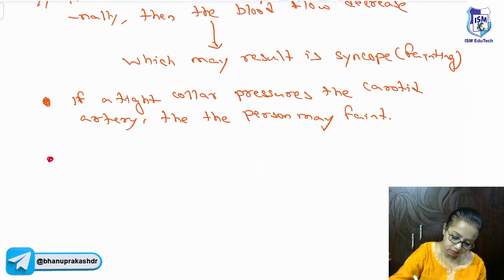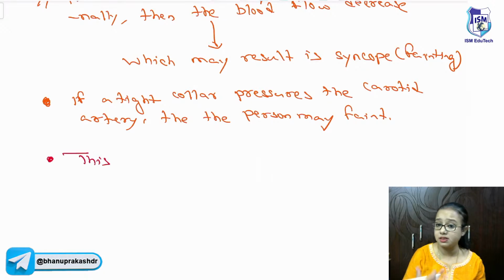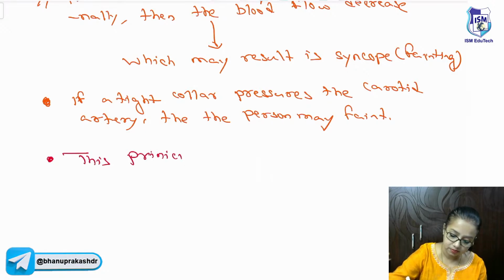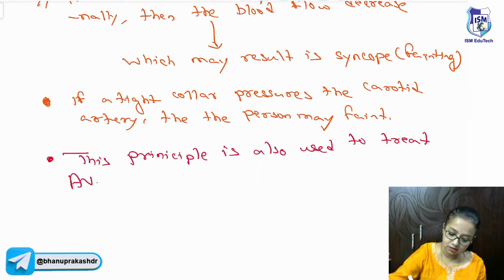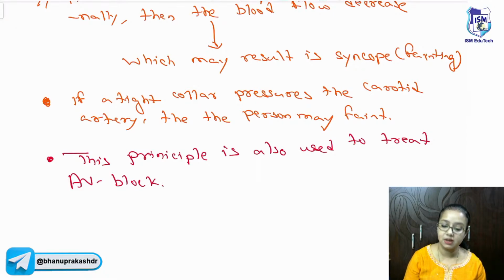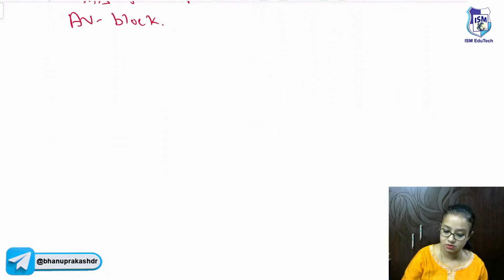Secondly, this phenomenon, like if the carotid artery is pressurized, then there is a temporary drop in the pressure and the person may faint. This principle is also used to treat a weak lock. Okay, so these are the applied implications in the context of the clinic.